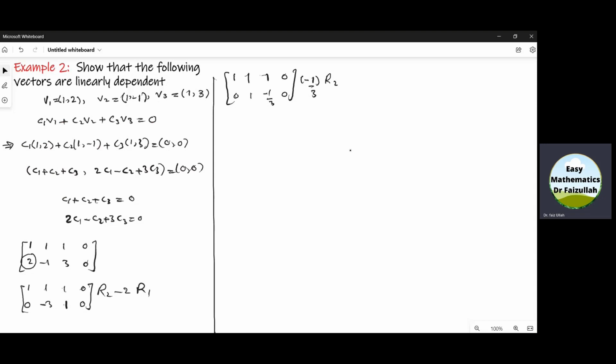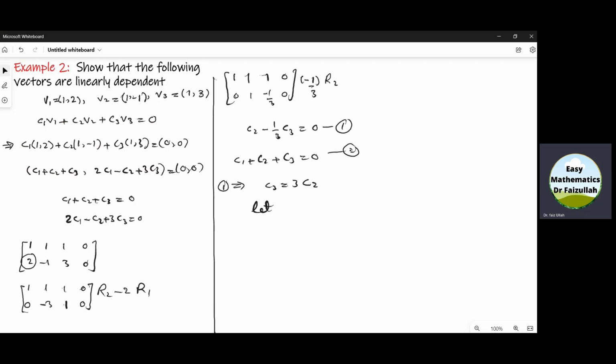Now by backward substitution, we have C2 minus 1 over 3 C3 equal to 0. Let us say this is equation number 1. Then we have C1 plus C2 plus C3 equal to 0. This is equation number 2. Now from 1 we can obtain that C3 is equal to 3C2.